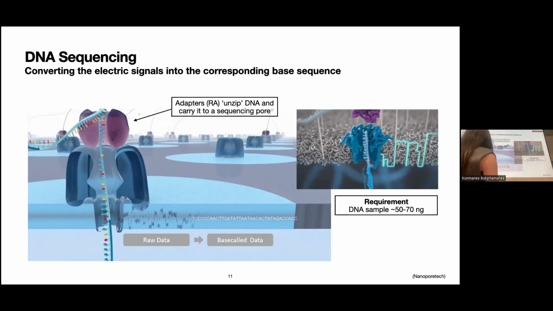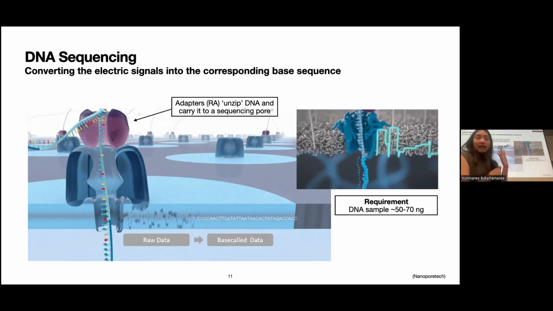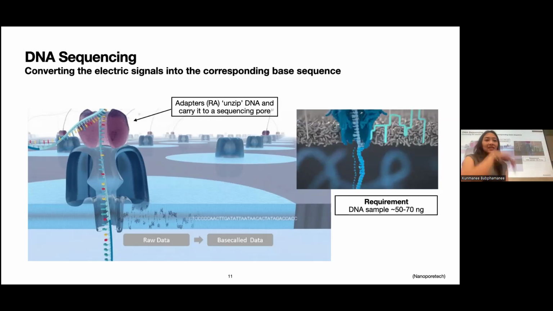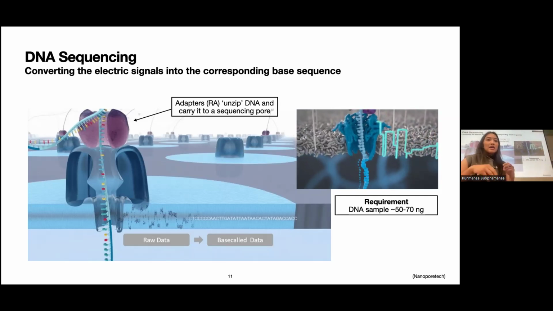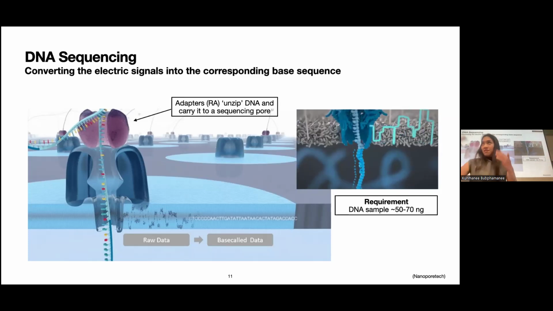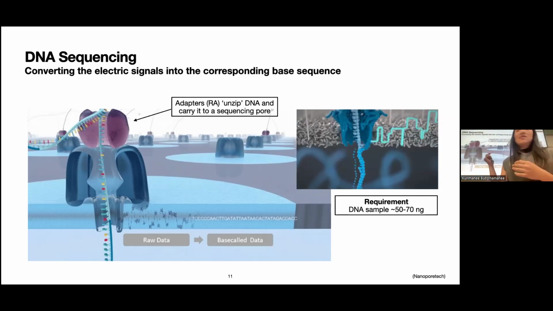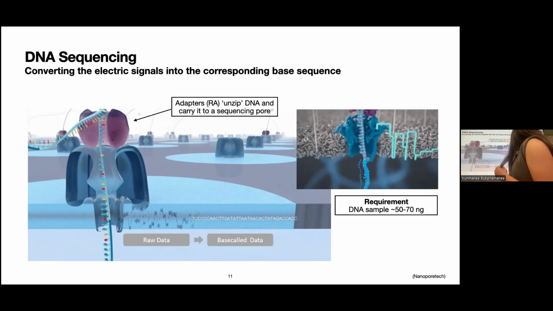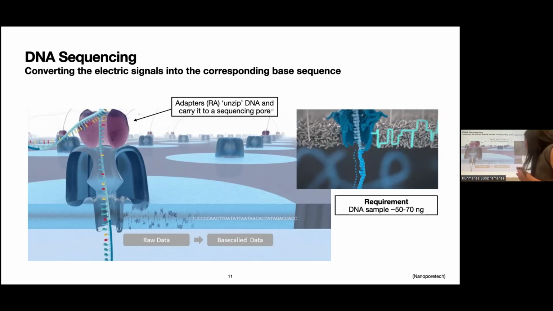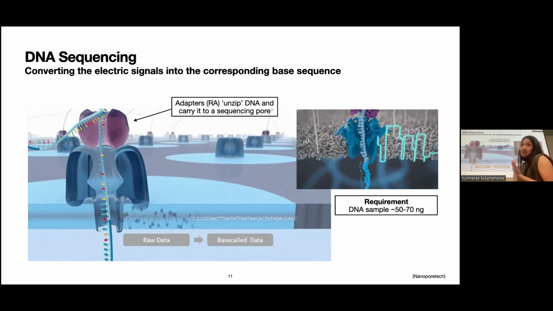Each base, A, T, C, G, has a different electrical potential passing through the pore, so it will disrupt the signal at a different value. So that's how they read the disruption of electrical potential and translate it into bases.